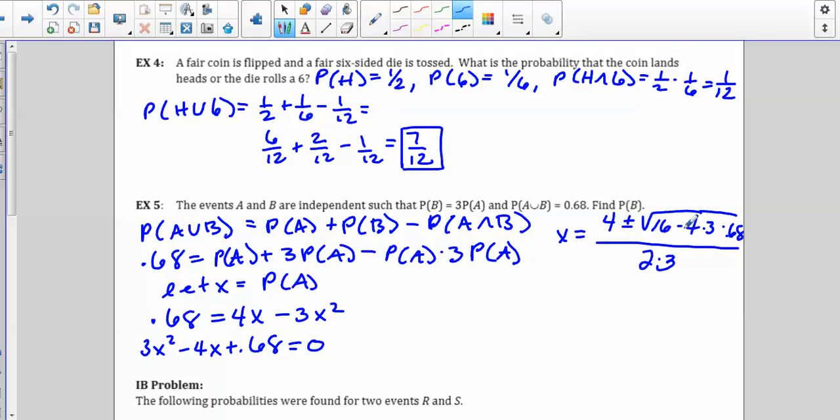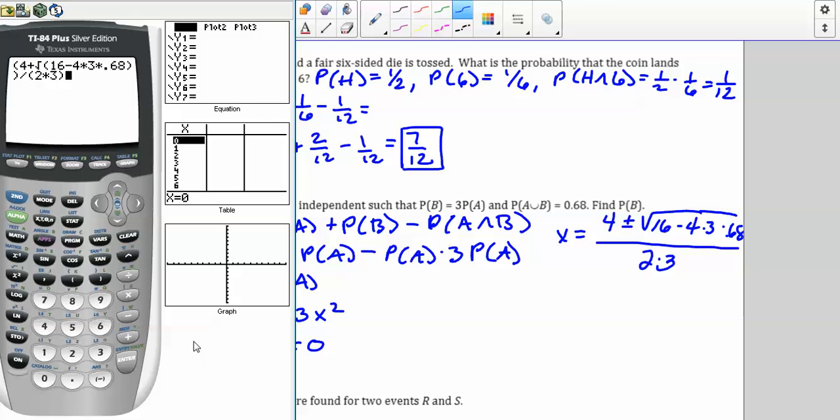Okay, and I'm going to pull up the calculator. And I've entered that in the calculator. So I started by entering the plus, and I get a probability of 1.13, and that just doesn't make sense. Your probability can't be more than 100%. So I'm just going to change the plus to a minus. Oops, that's not what I wanted to change.